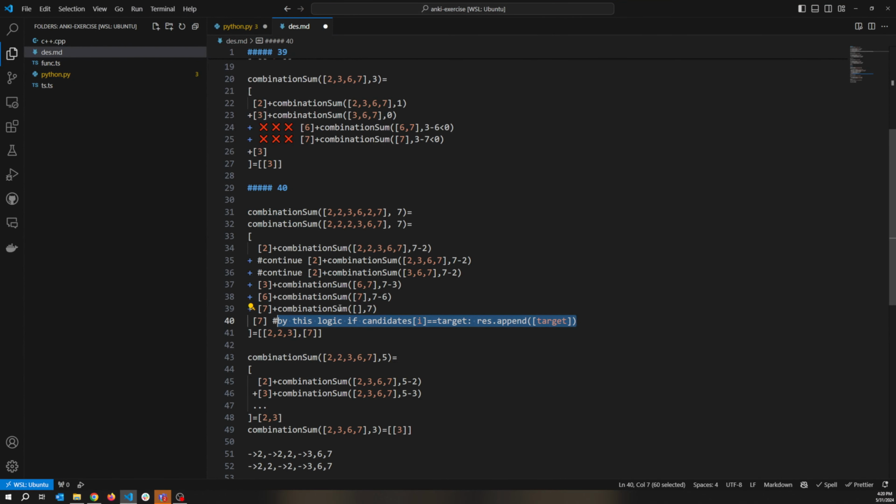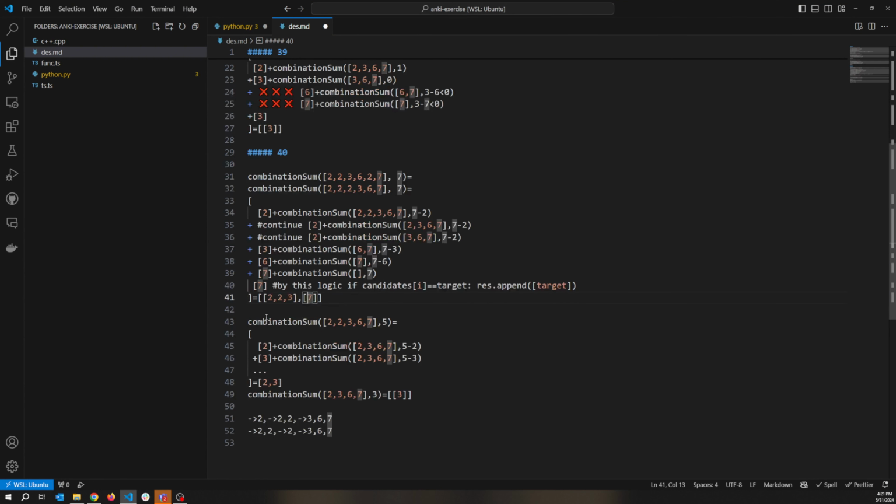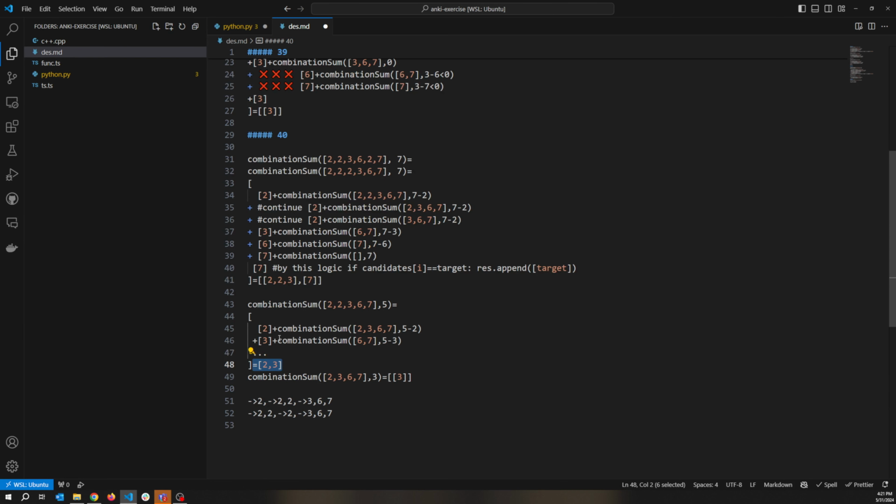So what's gonna happen is we are gonna have 2, 2, 3. So basically we are gonna get this one, which is here. It's gonna be 2 and then 2, 3, 6, 7, and then 3. For 3 it's gonna be 6, 7, and all the way to the end. We know the answer.